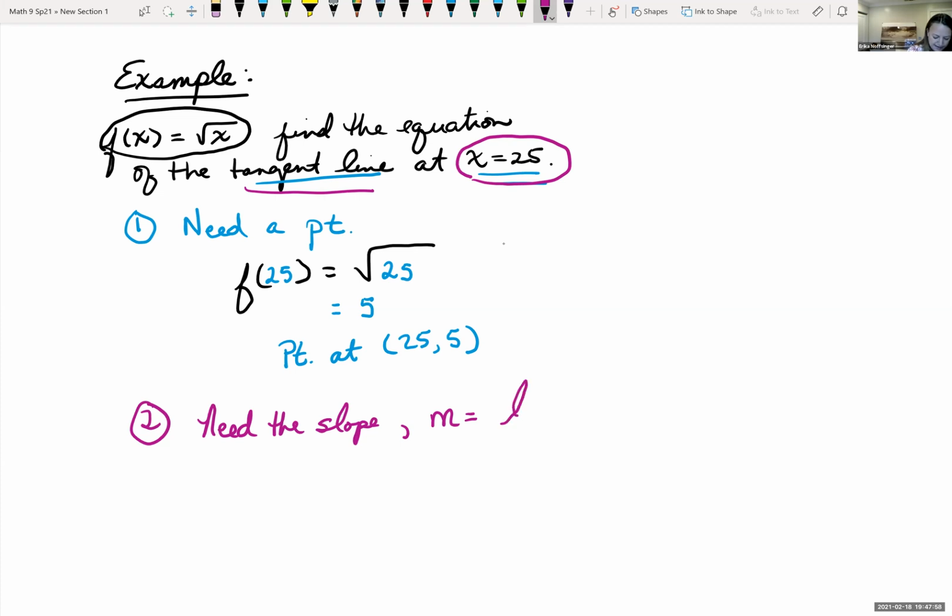So our slope is equal to the limit as h approaches 0 of f of a, where our a value in this case is 25, so 25 plus h, minus f of a, but again a is 25, so f of 25, all over h.